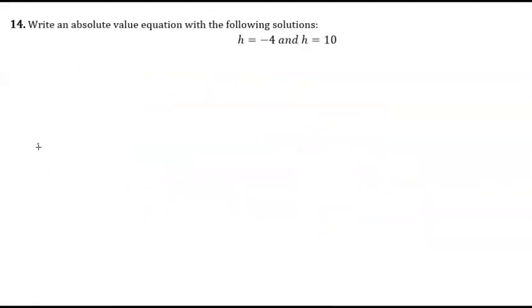Number 14. Write an absolute value equation with the following solutions. H equals -4 and H equals 10. What we want to do first is just make a number line. From there, we want to write -4 and 10.